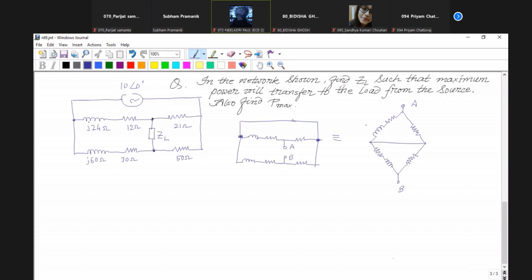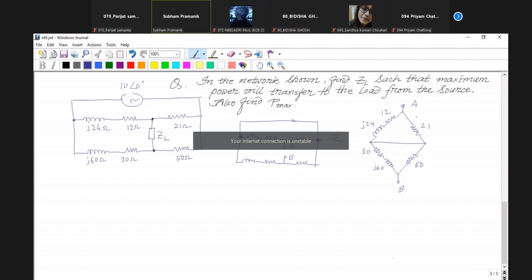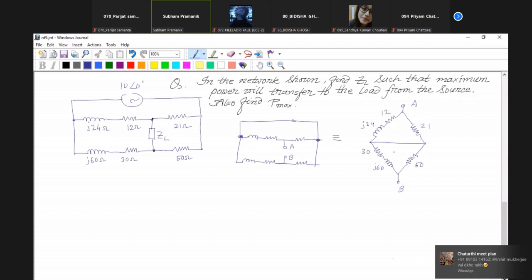50 ohm, 30 ohm, and J60 are connected in parallel, and this portion is connected in series with the upper side, which is connected in series with the lower side.